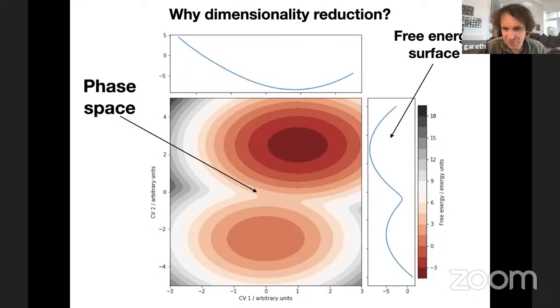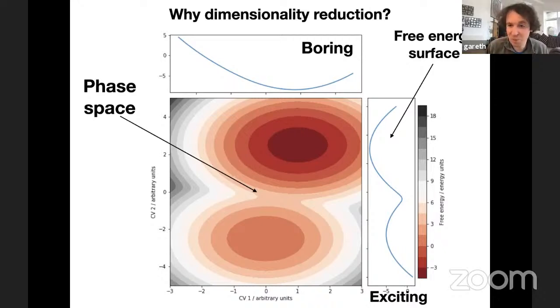Okay, so if we think about these free energy surfaces that we can calculate, I've got 2 examples on that diagram. This one at the top is what I would call a boring free energy surface. It's got a single minimum, and there's not much along that direction. This one over here is an exciting free energy surface because it's got multiple minima, so we've got metastability here.